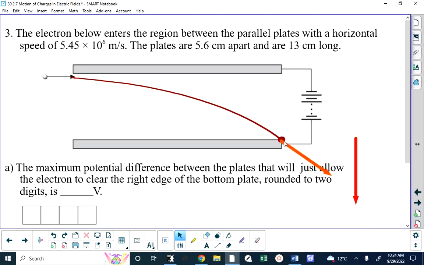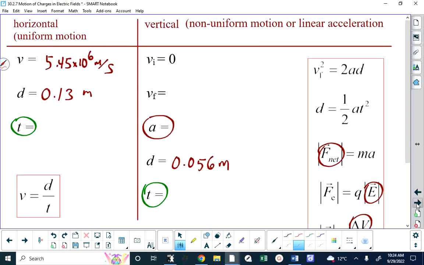Yeah? Roughly. You want to be very, very careful about what I'm going to draw here. This is VF of the electron. It's the final velocity of the electron. But that VF, everyone, is not this VF.